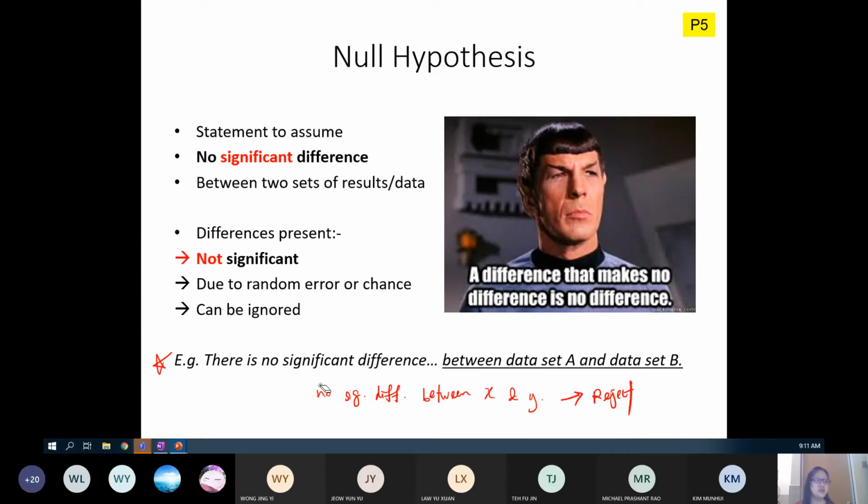There is no significant difference between this and this. And data set A and data set B can be substituted by anything. There's no significance between something and something, right? I know it's quite abstract for now, but it will all make sense later.